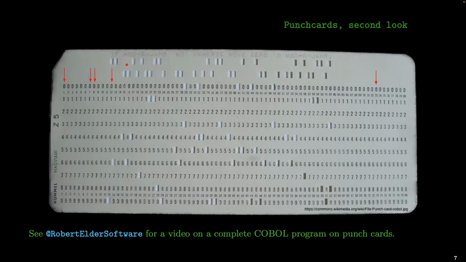And as I said before, you can check that the same letters up here indeed have the same combination of holes in the corresponding column. The final section after the valid code area starts here at column 73, and on this particular punch card it is not used.